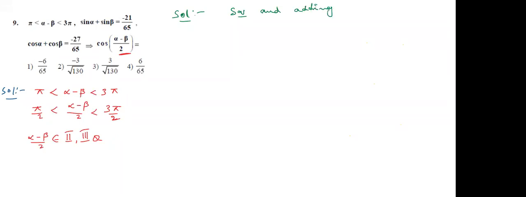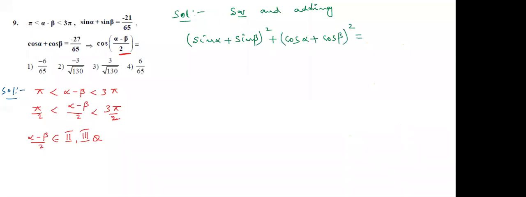Then we get. First I am writing left hand side. Sin alpha plus sin beta whole square plus cos alpha plus cos beta whole square. These are left hand side values.